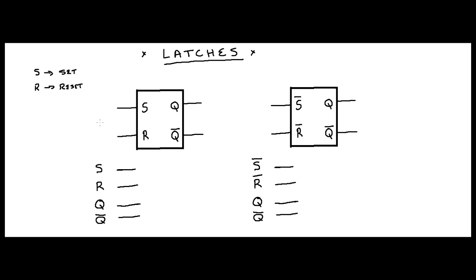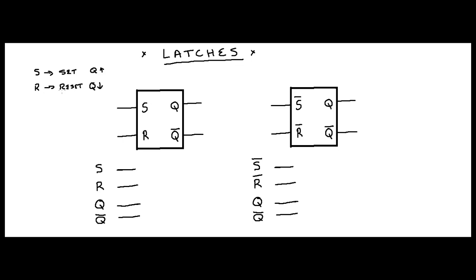Now when a latch is set, the Q output, I'm going to write it right here, Q is going to be high. Okay, for reset, when a latch is in the reset condition, the Q output is low.